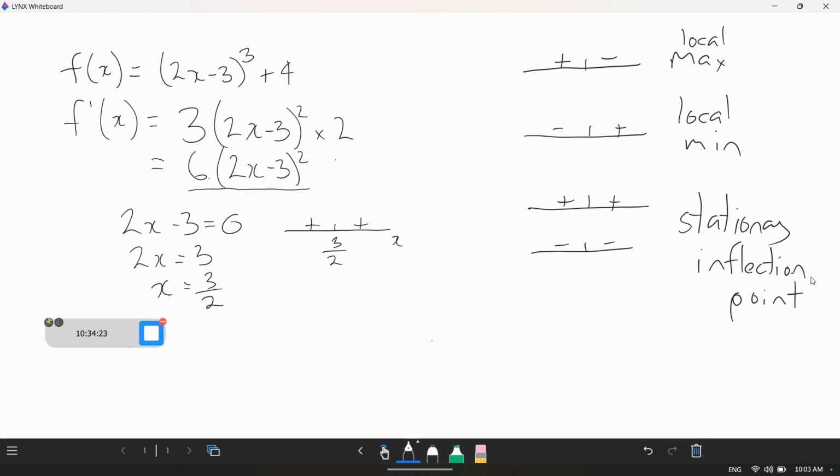I believe the next thing we now need to do is, okay, we know that the stationary point occurs at 3 over 2. What is the corresponding f of x value, y value, for 3 on 2 of the original function? We know that putting it into the derivative will get 0, but we need to know where it is on the original function, so we need to substitute that 3 over 2 into our original function at the top there.